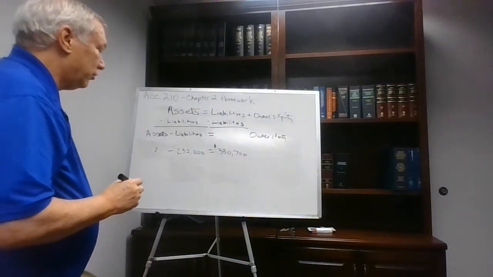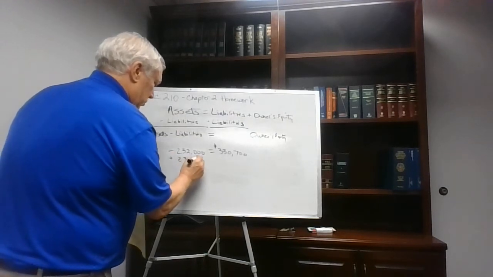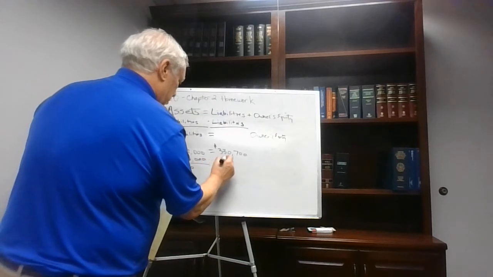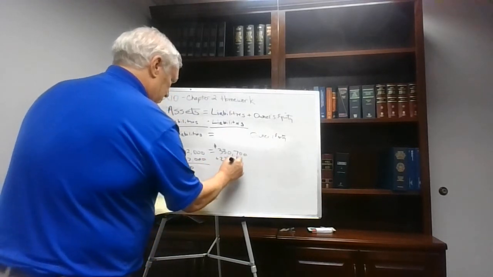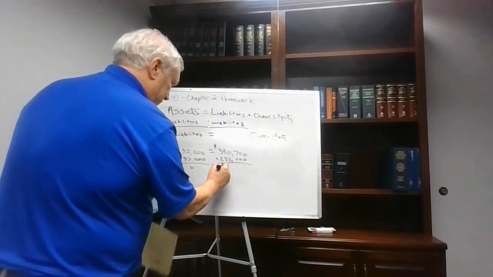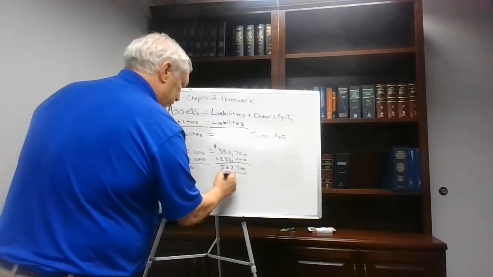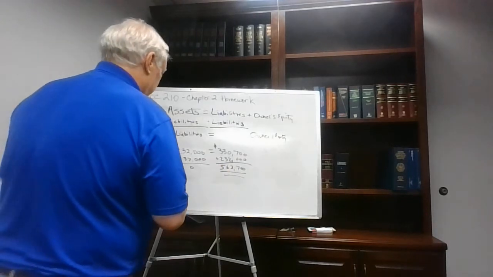Well, this is pretty darn simple. You add 232,000 to both sides, and you get 562,700 as assets.